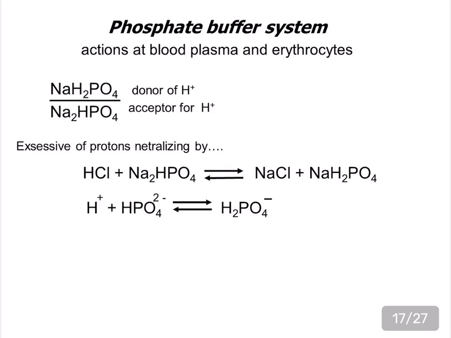It happens because phosphoric acid is an electrolyte of medium strength, and as we know, only a weak acid can be involved in the composition of a buffer system. The phosphate buffer system acts in blood plasma as well as in erythrocytes.